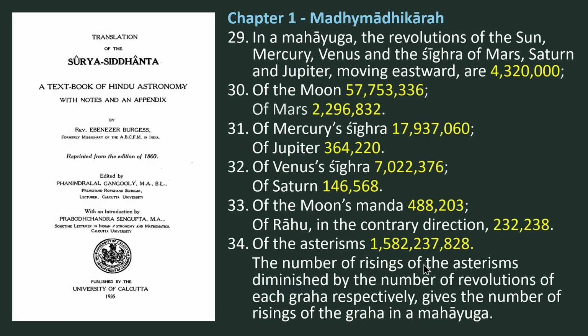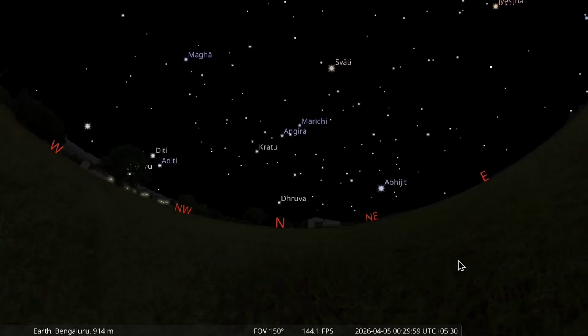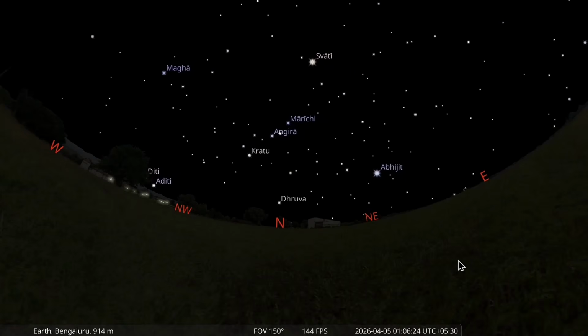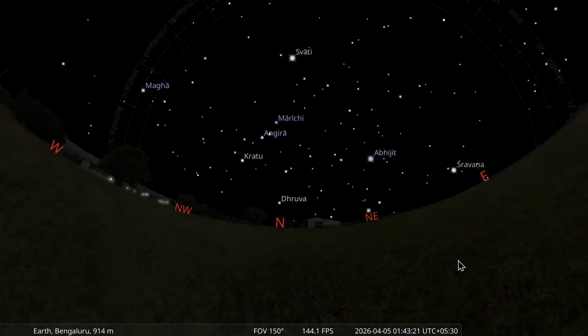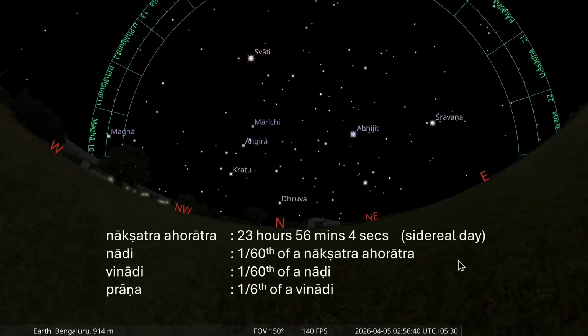So what does this number of risings of the asterisms mean? That is nothing but this movement, the actual rising and setting day after day, as we observe from the surface of the earth. This is the diurnal movement, the daily movement.